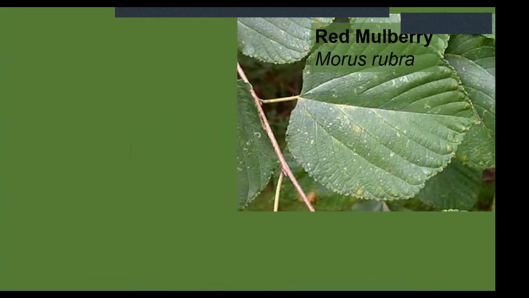Mulberry, here's another simple alternate leaf with a succulent fruit. I'm going to really focus on the red mulberry today, which I put in here because it is not far away. South of us, you'll find it in some major river valleys. You'll find it in major river valleys to the west.